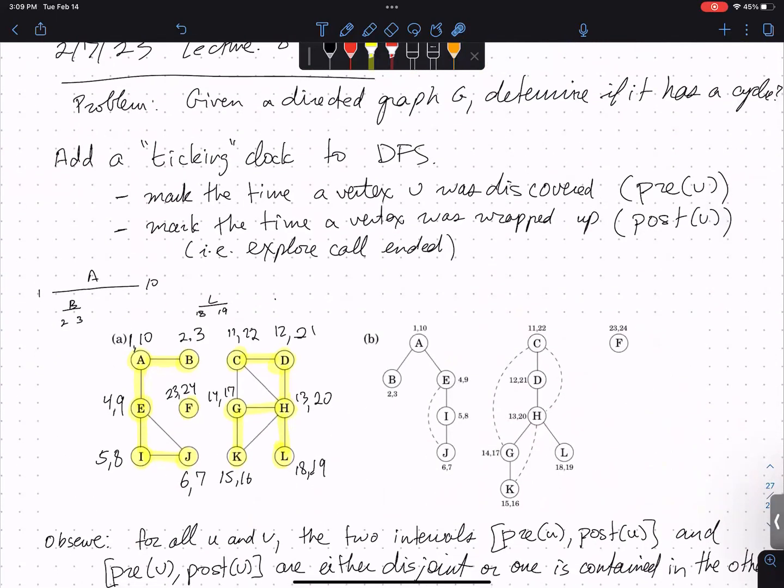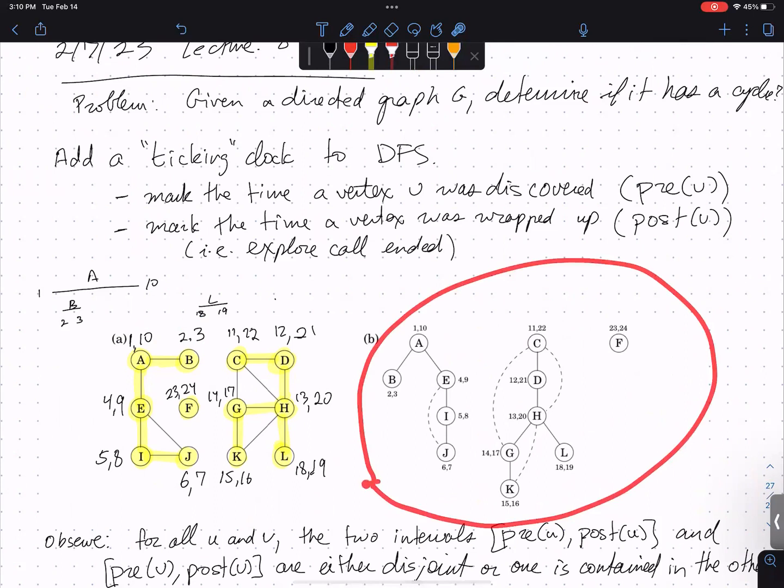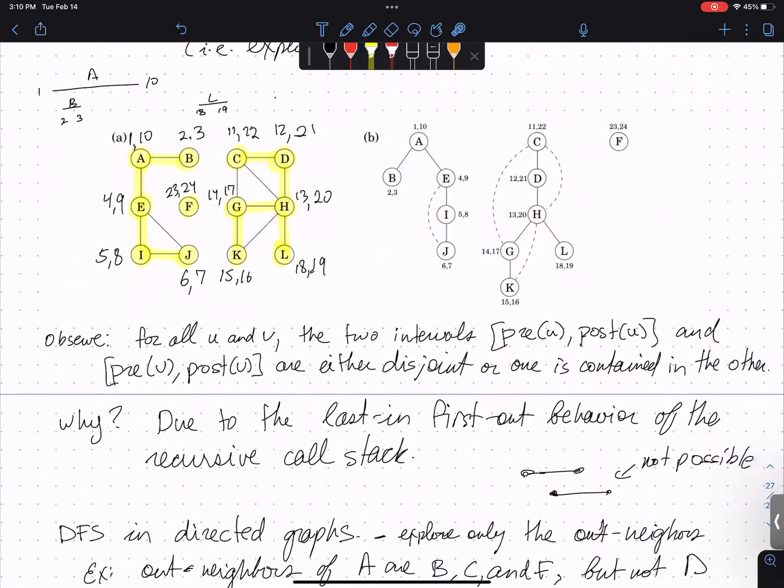In the example, it marked the time that we were exploring each vertex. Together with that, we talked about the DFS forest that gets constructed, which reflects the order in which we explore vertices.